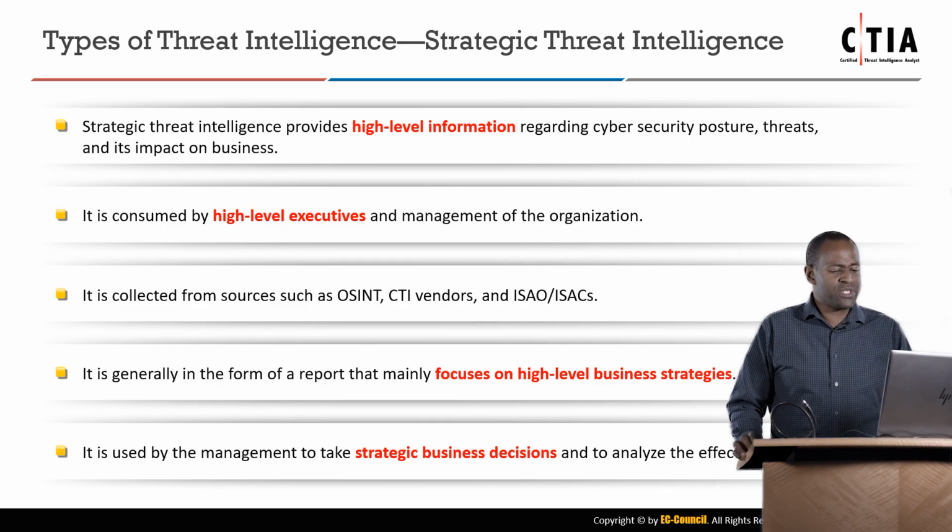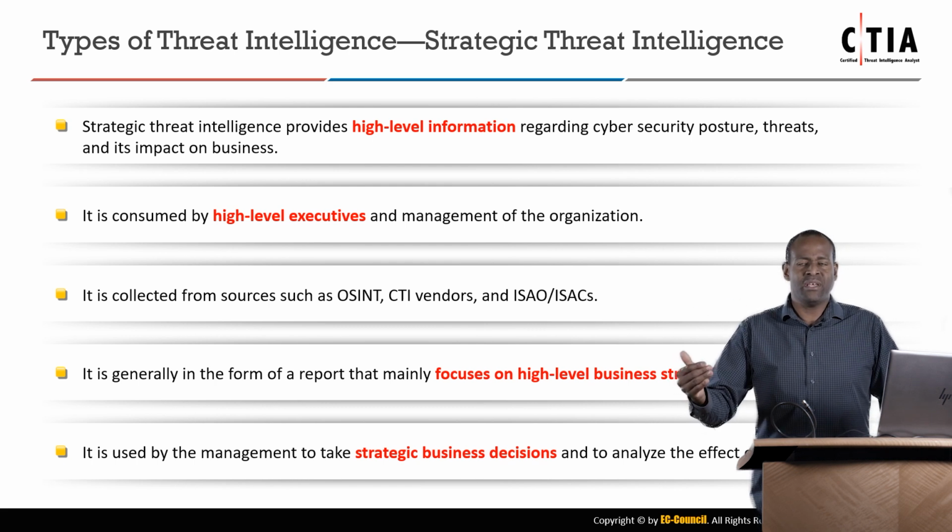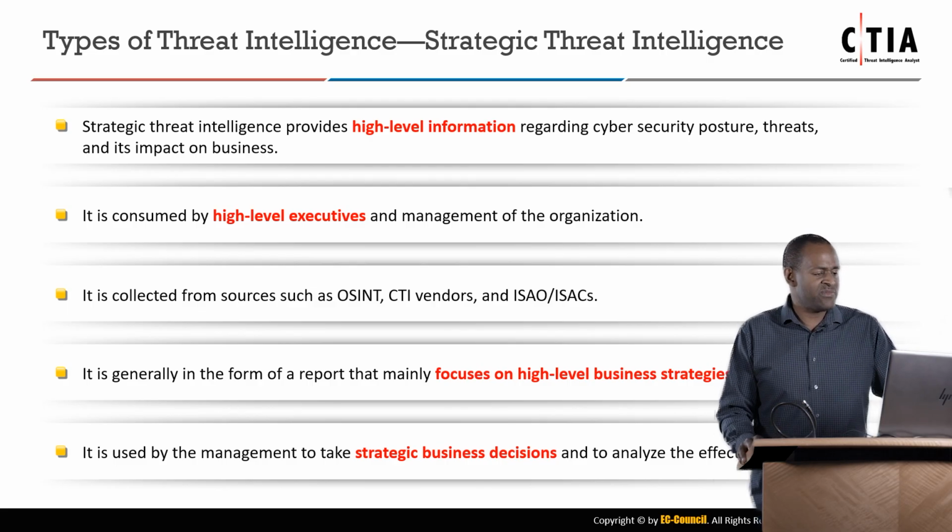It's going to be collected from sources like OSINT, CTI vendors, ISAOs and ISACs. These are going to be high-level organizations, like for instance organizations that give you your ISO certifications that are going to give you this information.